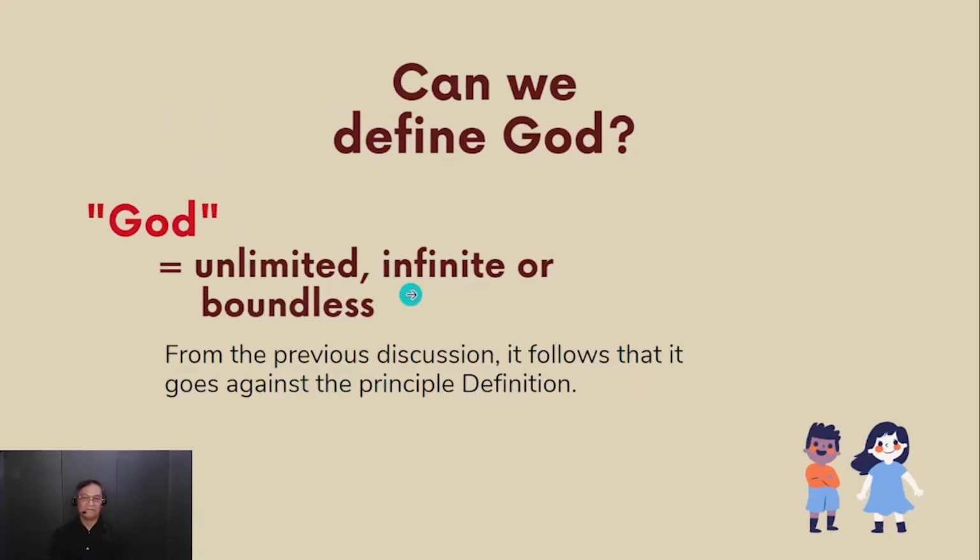Let's find out. Looking back at the previous discussion about the etymology of definition, we can only define something if we can make that something definite. But considering the nature of God, which is unlimited or infinite or boundless, I think it contradicts the principle that we have highlighted: that we can only define something if we can make it definite.